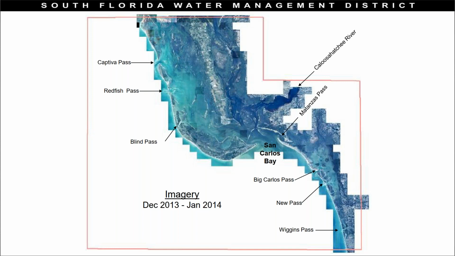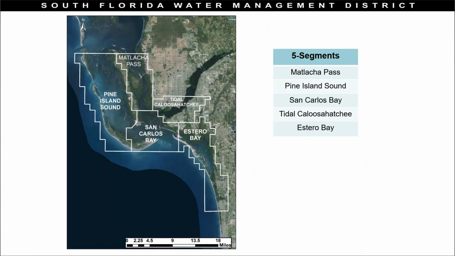So it takes a lot of monitoring from outside agencies to help us coordinate the perfect day to get those flights done. Our mapping area is divided into 5 segments: the Matlacha Pass, Pine Island Sound, San Carlos Bay, the tidal Caloosahatchee, and Estero Bay.